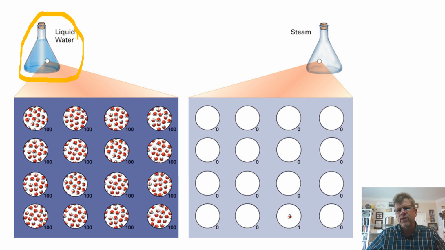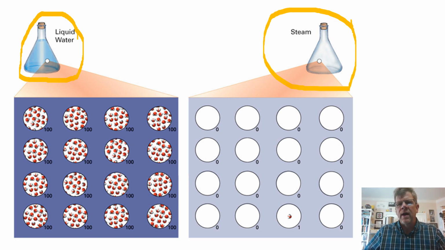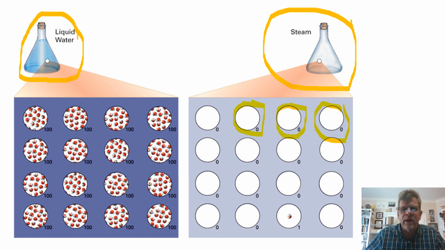Let's contrast this with the representative sample of a gas on the right-hand side. If we take these little snapshots or areas and inspect them, we would find that virtually always we end up with completely empty space. Completely empty space in almost every area we sample.